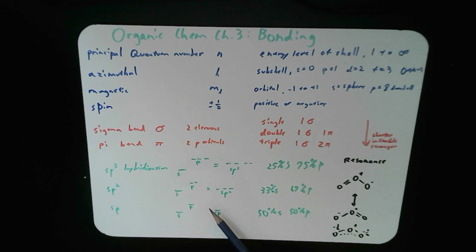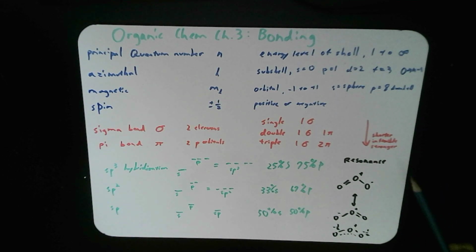Because they're not hybridized, they can participate in the sharing of bonding and participate in a pi bond. That's why in sp hybridized orbitals, we have 2 pi bonds going on. The 2 p orbitals are able to participate in that pi bonding.